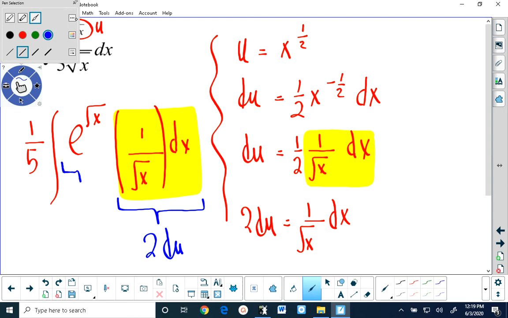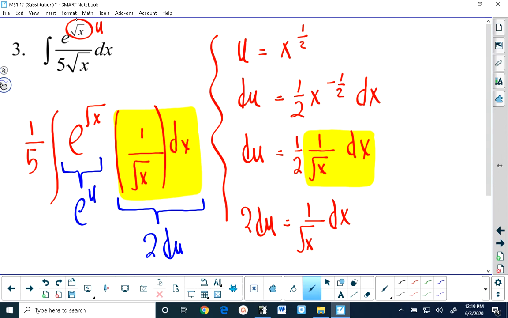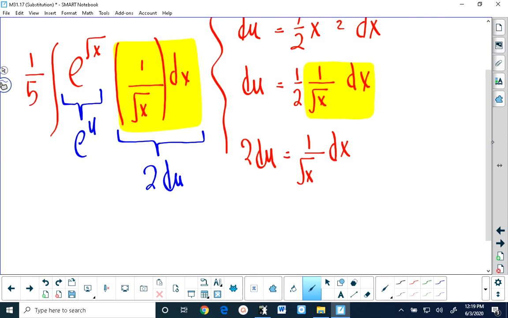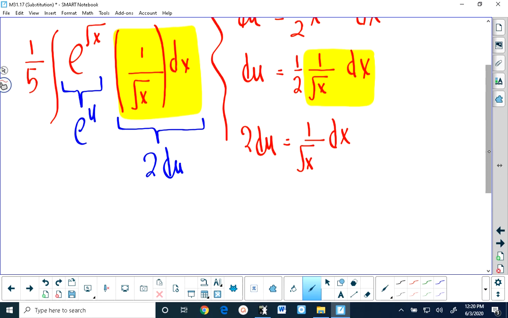This is e to the u. So it's all about substitution. We're replacing things that are described using the variable x with things that are described using the variable u. So this integral now is going to be equal to 1/5 multiplied by the integral of e to the u multiplied by 2 du.